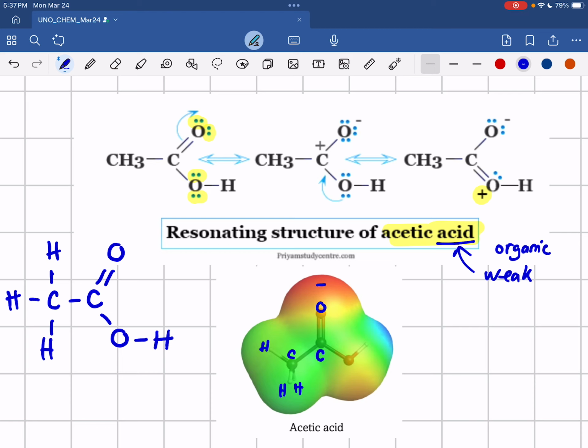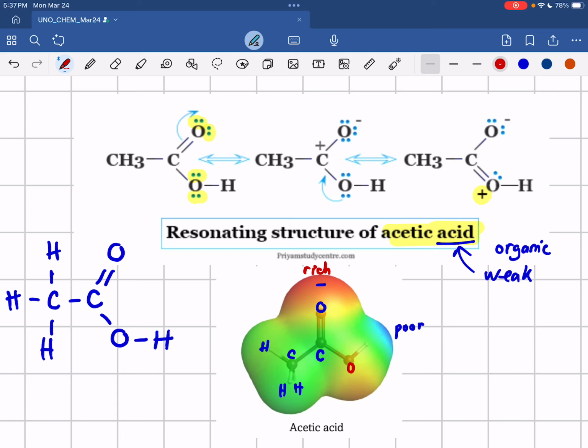More red means more negative. This is a really electron-rich zone, and the blue zone here is an electron-poor zone, because this is the other oxygen here, and it will have more positive charge.